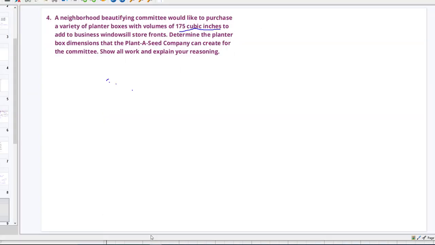And so I could create it where the height is equal to 1.15, but to get my width I need to do 12 minus 2h. So my width is 12 minus 2 times 1.15.